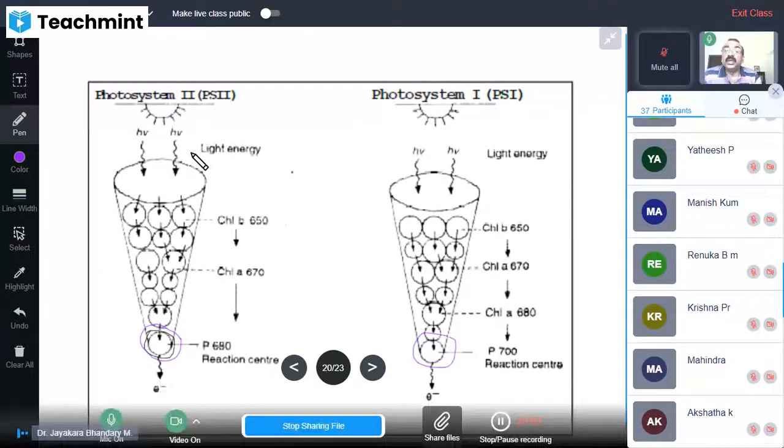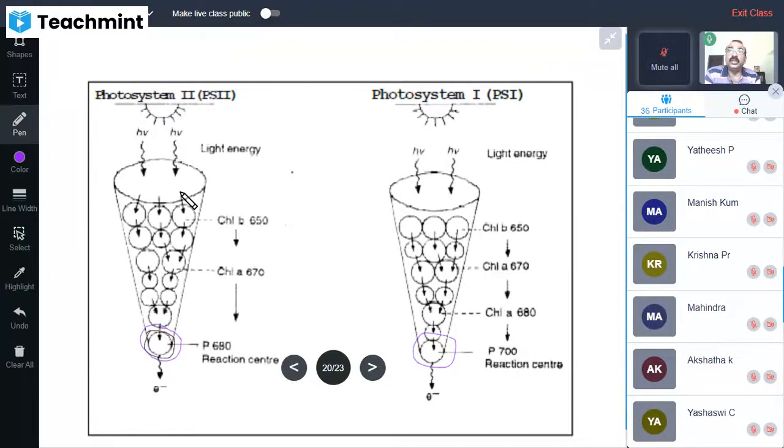So a cluster of different photosynthetic pigments which together act as one unit during light reaction is called a photosystem. Okay, so there are two such photosystems. One is photosystem 2, the other one is photosystem 1.